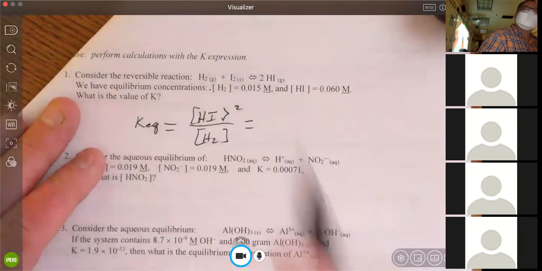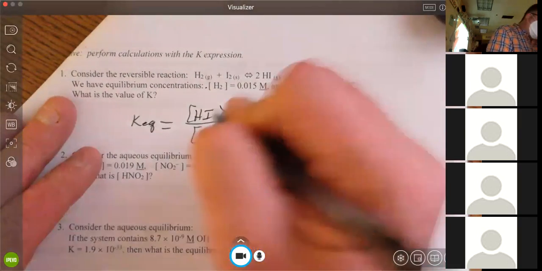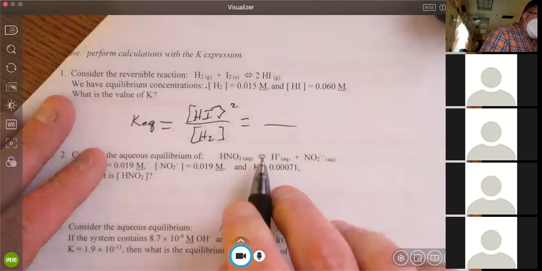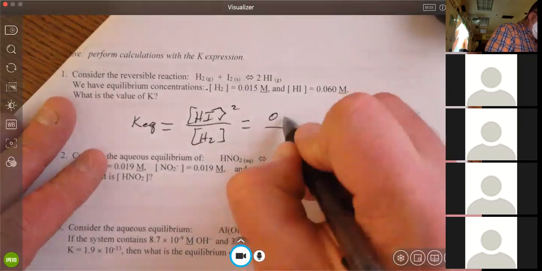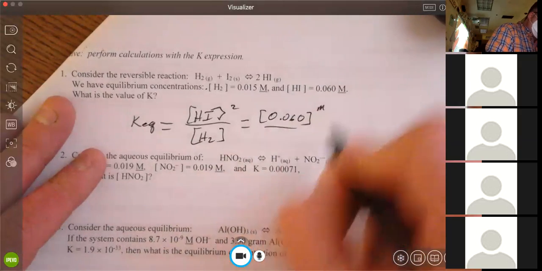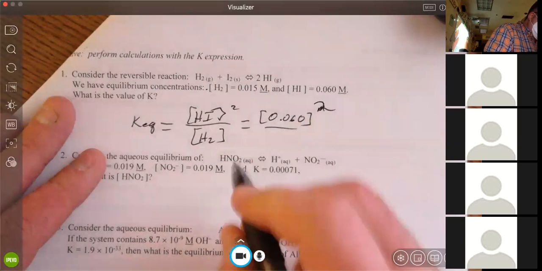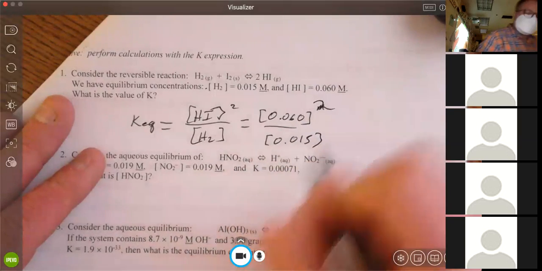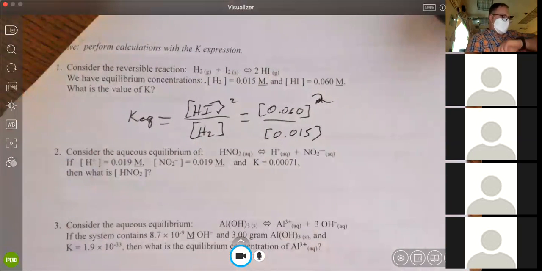And then we will plug in 0.060 for HI, squared, and then 0.015 for H2. 0.060 squared divided by 0.015.